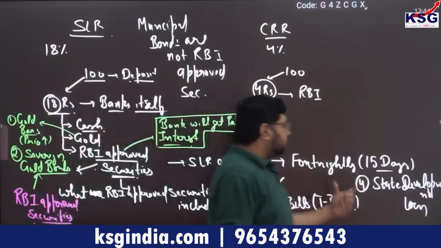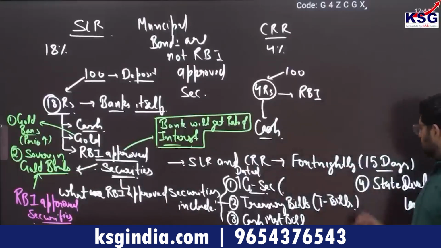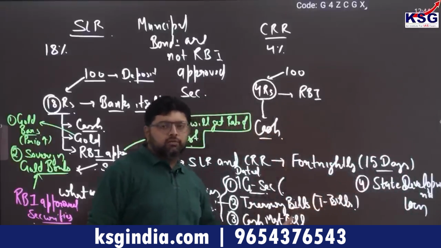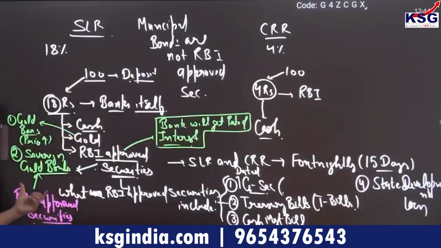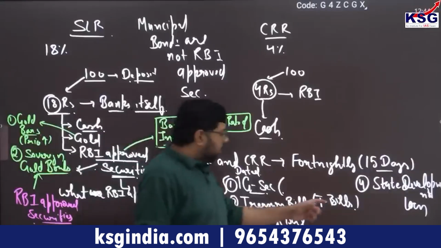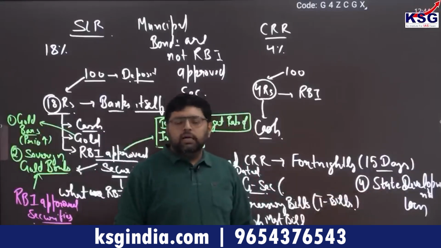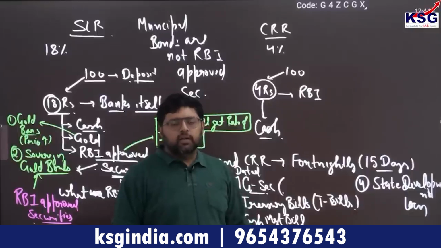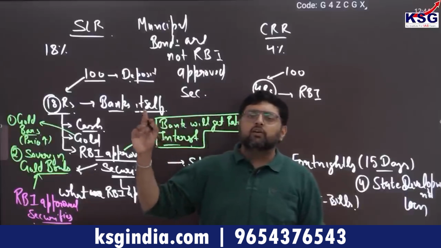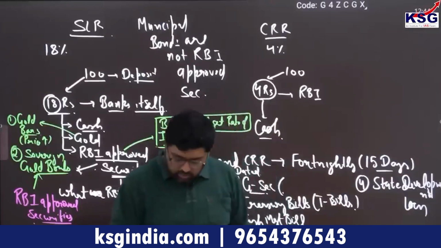And if it is a state development loan, interest will be paid by the state government, so it will come from the state consolidated fund. Whereas in sovereign gold bonds, interest will be given by the government of India. So ultimately, except state development loan, interest will come from the consolidated fund of India, whereas for state development loan, the interest will come from the consolidated fund of states. Clear?